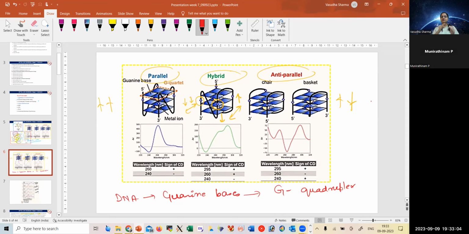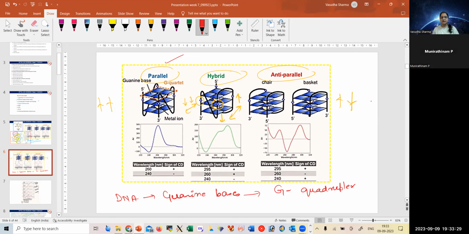Depending upon different topologies, they could have different shapes and arrangements. We have the parallel one, if both 3' and 5', the nitrogens we named, are facing in the same direction. If they are facing opposite, that's anti-parallel. And because we have four units, there could be a combination of both parallel and anti-parallel existing together.